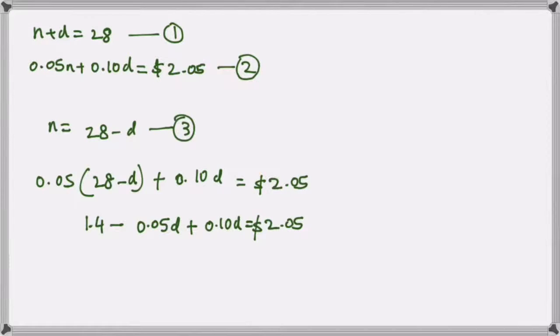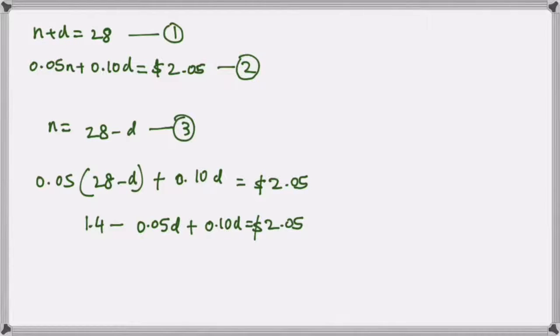When you solve it, you will get 0.05 times 28, which is 1.4, and then negative 0.05 times d, which is negative 0.05d, plus 0.10d equals 2.05.